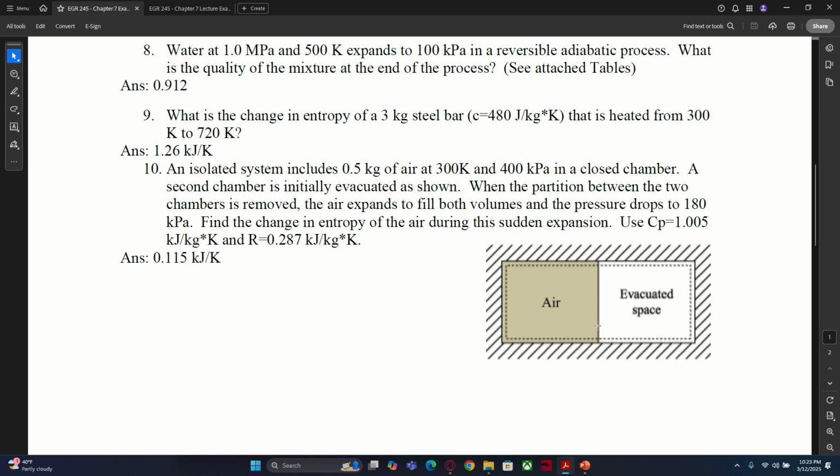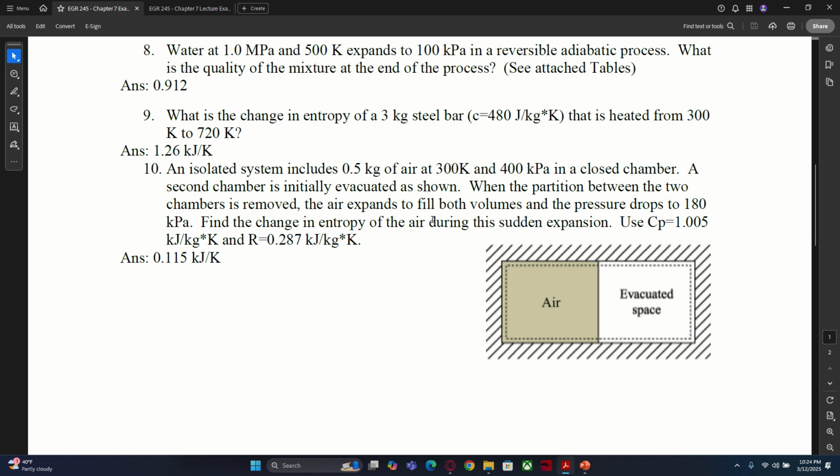And these are currently separated. When that separation or partition between the two chambers is removed, the air expands to fill the entire volume of both chambers, and the pressure drops to 180 kilopascals. By the volume increasing, pressure decreases. It decreased to 180 kilopascals.